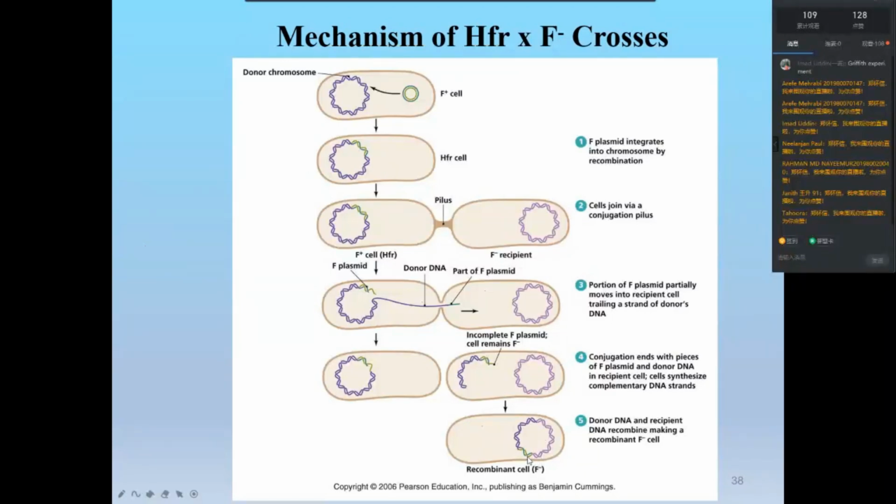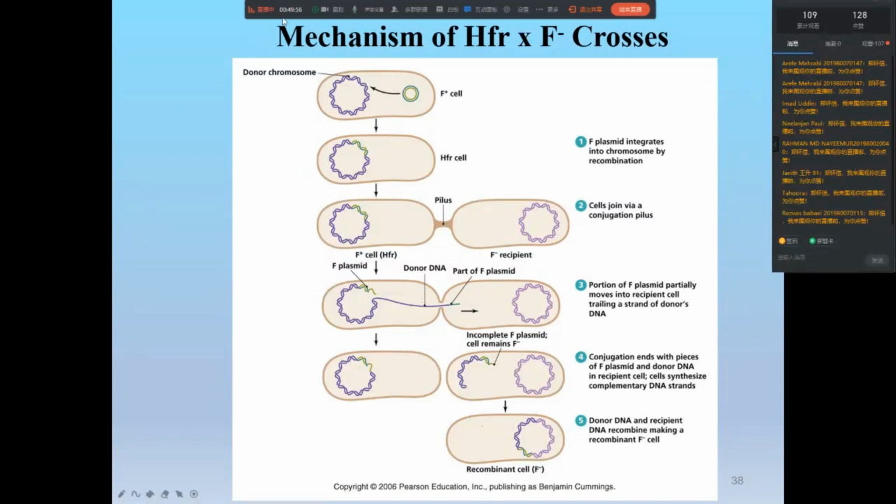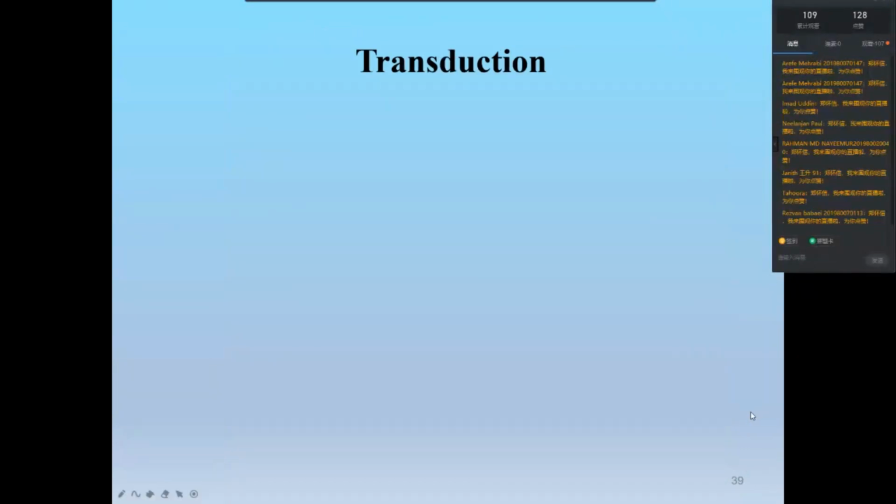It does not carry the whole plasmid sequence. It carries only part of the plasmid sequence, but part of its genes are different from the beginning. So this we call the high frequency recombinant strain. Okay, it's similar to conjugation, but a little bit different. There's no independent or free plasmid involved. So this is another term related to conjugation.